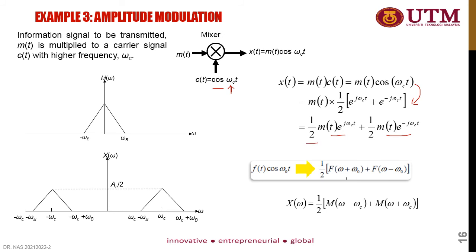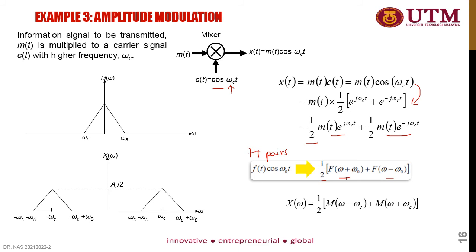The same goes when you refer to the Fourier transform table or Fourier transform pairs. When you have f(t) cos omega c t, you will see that the frequency domain has a split of frequency, one on the positive and one on the negative side, and the amplitude is also cut into half.